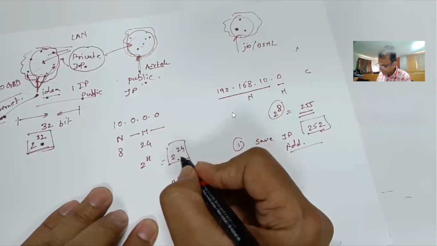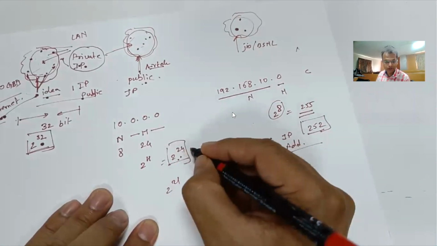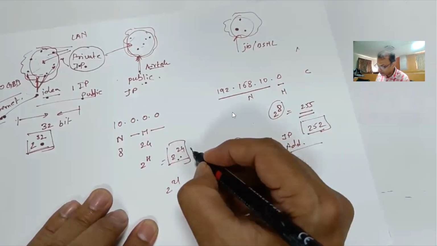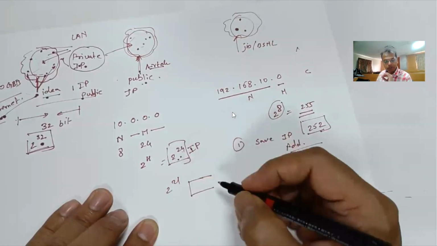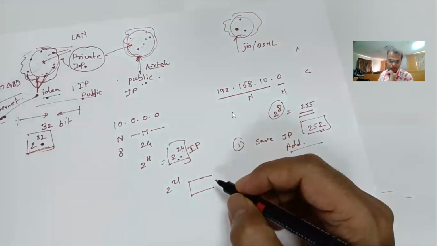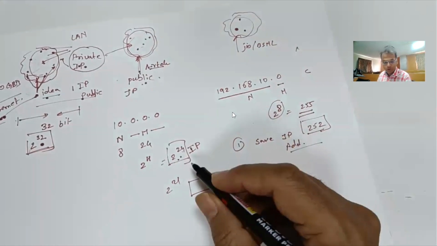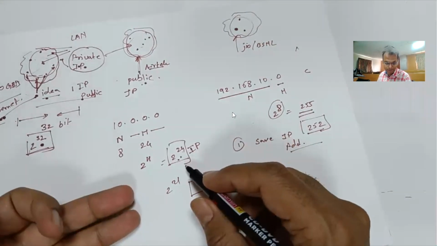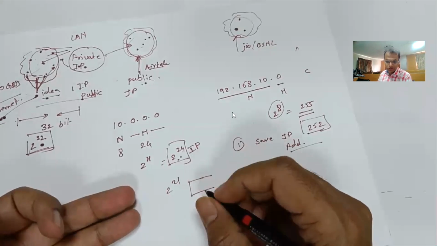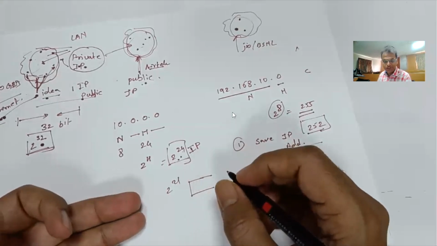Here in class A, you have a fixed number of host bits, so these many IP addresses will be generated automatically. But what if you don't need 2 raised to 24 IP addresses?